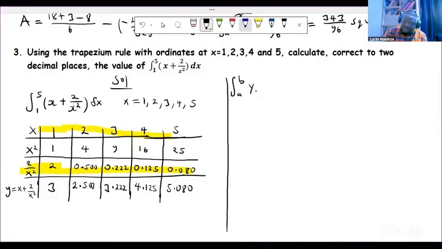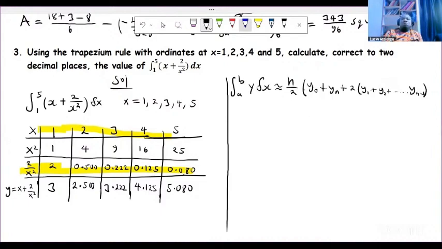The integral of y dx is approximately the width of the class over 2, then our first value plus our last value plus 2 of the values in between, y1 plus y2 up to y n minus 1, right?